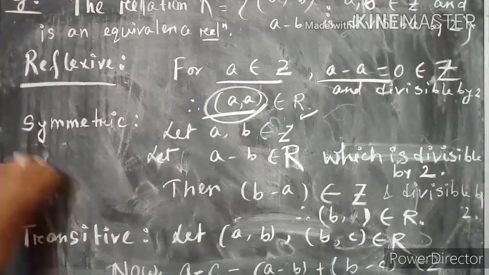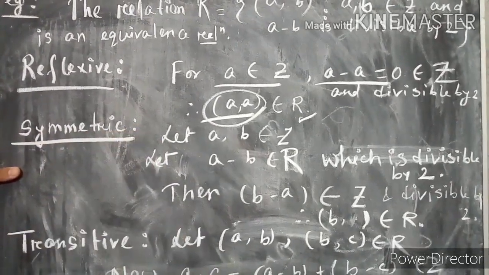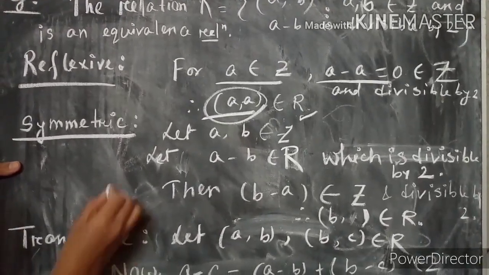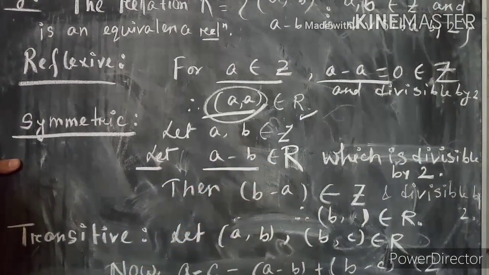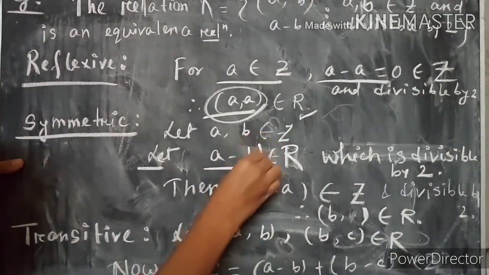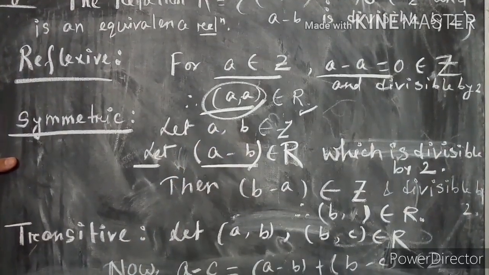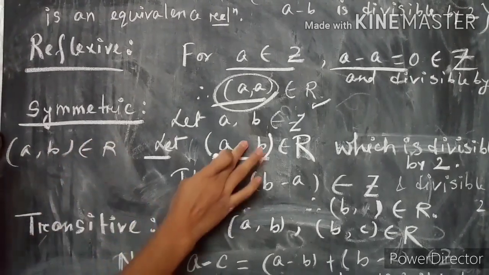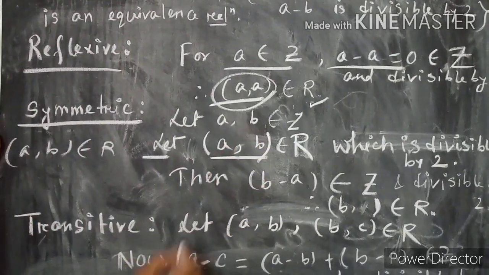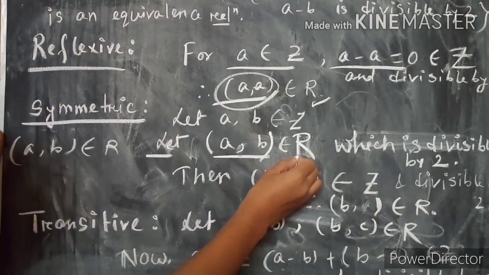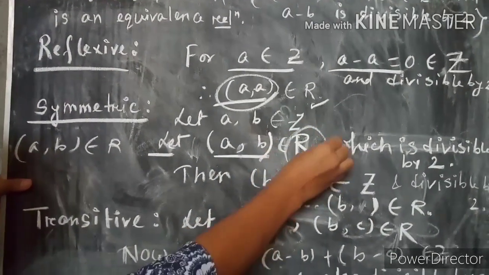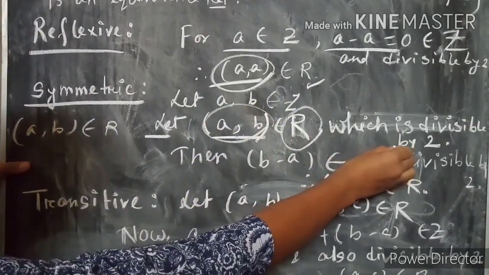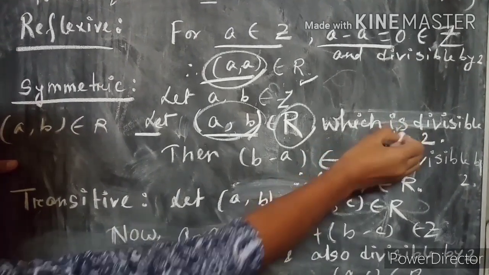Now symmetry. Let us take A and B belonging to the set of integers. Now let (A, B) belong to R. We have already taken that (A, B) belongs to this relation. Now according to the definition of R in the question, here A minus B is divisible by 2.